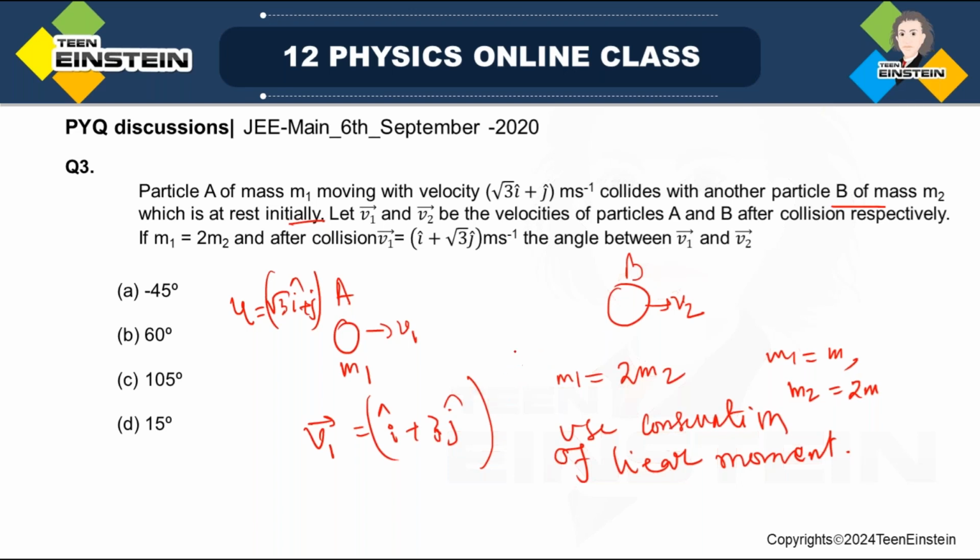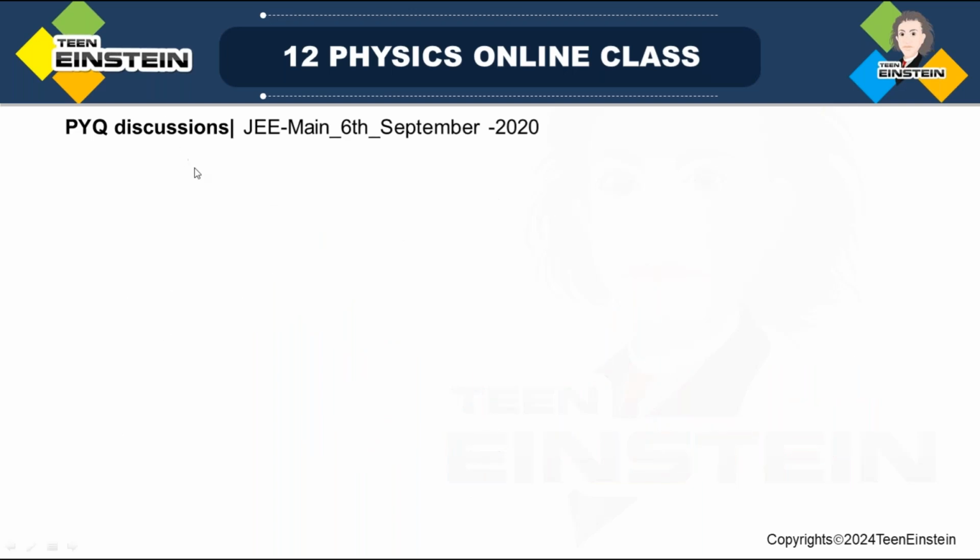Let us do it here and then see what we get. So initial velocities are given. Initial velocity for body A is given. B was at rest initially. Okay, so it is very simple if we just apply it.